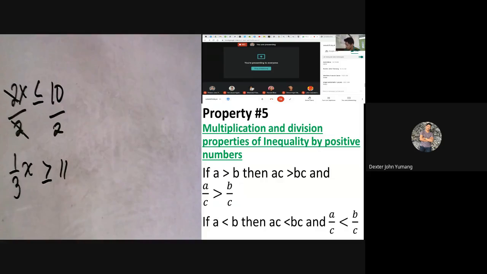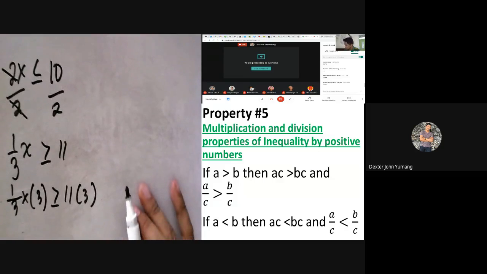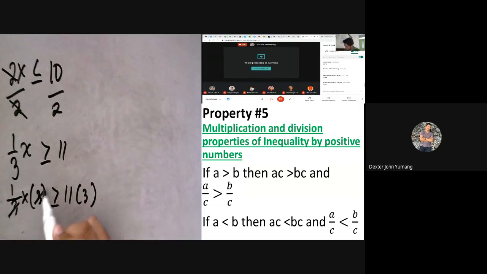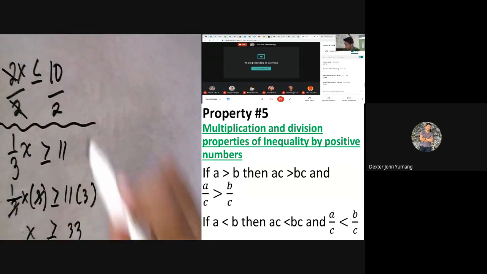Ganito na lang yung gagawin mo: 1/3 x times 3. Kung anong ginamit mo dyan, yun din yung i-multiply mo dito sa kabila. Cancelled na cancelled, x na lang matira. And x is greater than or equal to 33. Okay, ganun lang po. So, this is an example of the multiplication and division property of inequality.